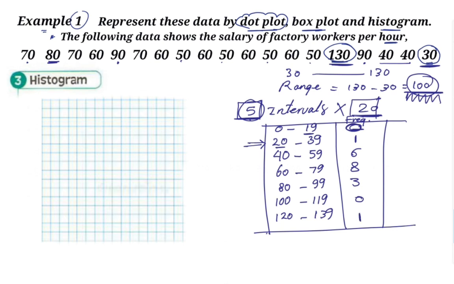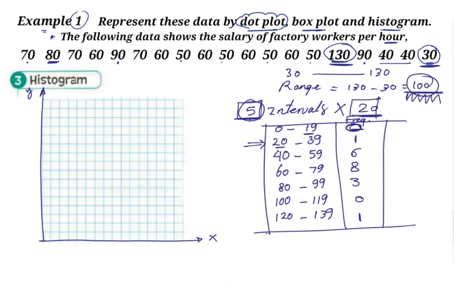Now we make the table of frequency for every interval. Now what? Now we need to draw the x-axis first, and we need to draw the y-axis. So we have y-axis here and x-axis, but x-axis is the interval.